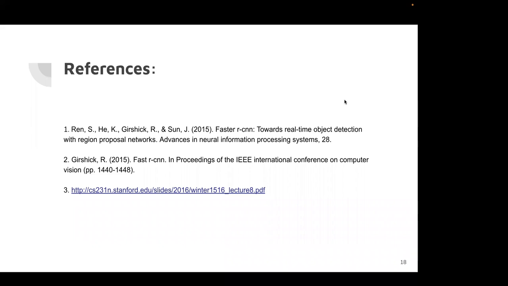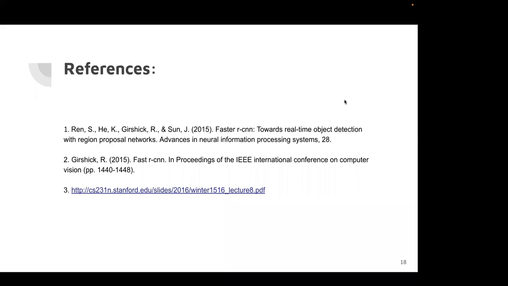Minoo has to draw a whole schematic of the system and then describe each building block and why we need it. Then she can also read the three papers that were compared, like R-CNN, Fast R-CNN, and Faster R-CNN, and she will see that Faster R-CNN is actually not that different from Fast R-CNN.